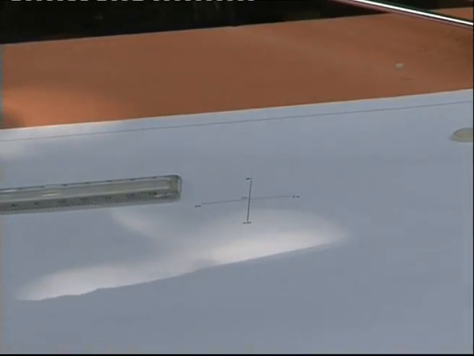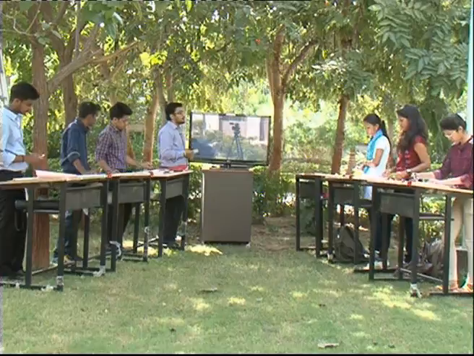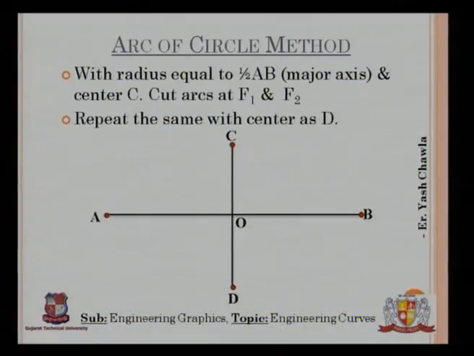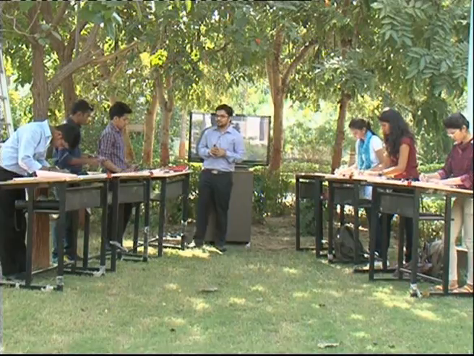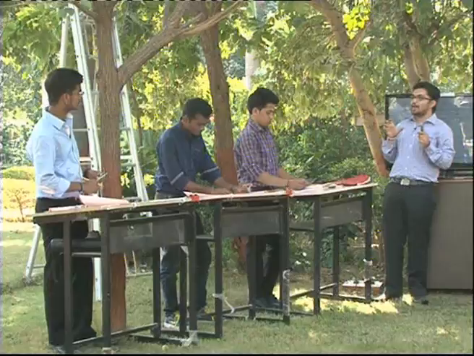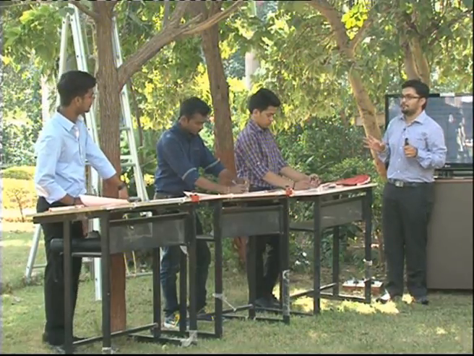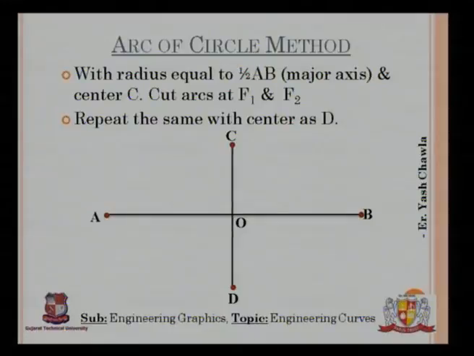Okay. Now with radius equal to half of AB, that is the major axis, and center as C. Now if you remember, in the previous slide we had discussed that the distance of the focus from any end point of the minor axis will be equal to half of the major axis. So we have been given the length of the major axis and the length of the minor axis.